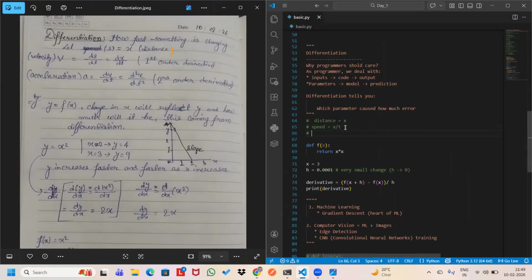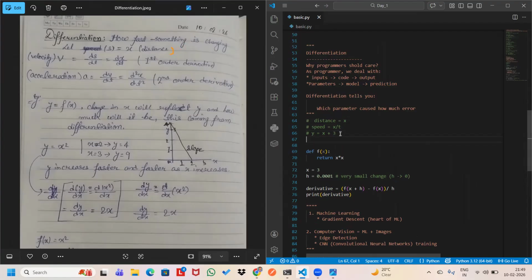Suppose I have a function, no, let's not talk about the function. Let me say y equals x plus 3. And now I'm going to differentiate with respect to x. If you want, you can differentiate it with respect to y. That means you change the value of y, and the value of x will reflect based on the value of y.